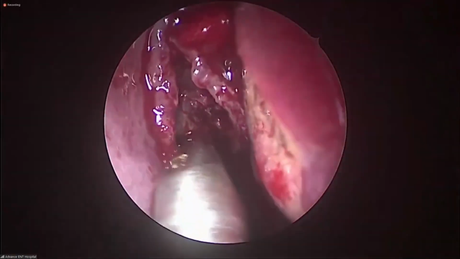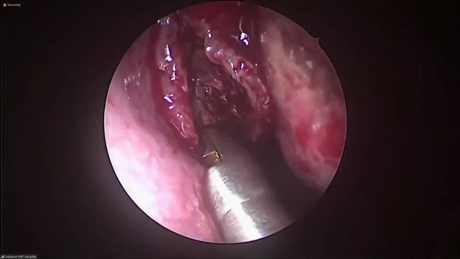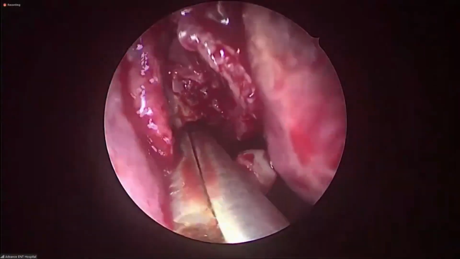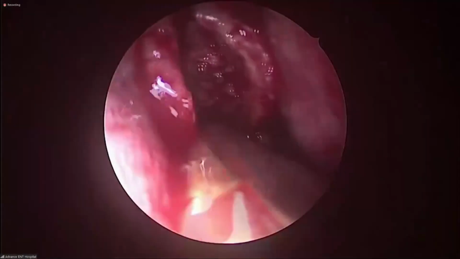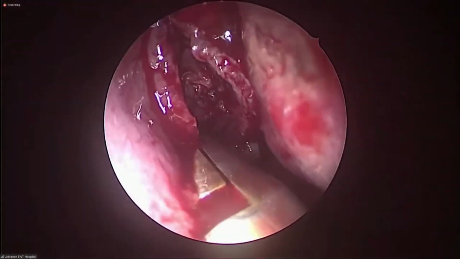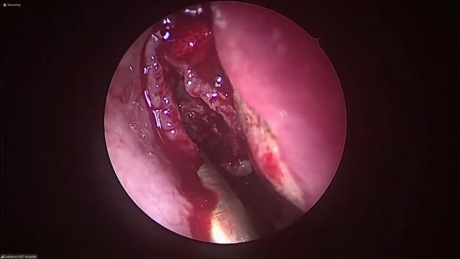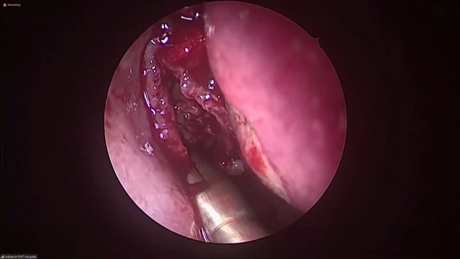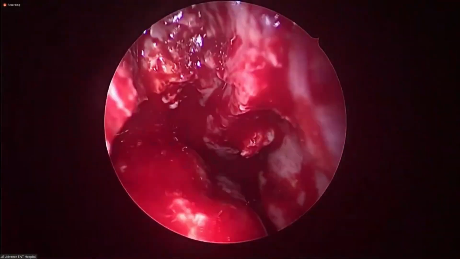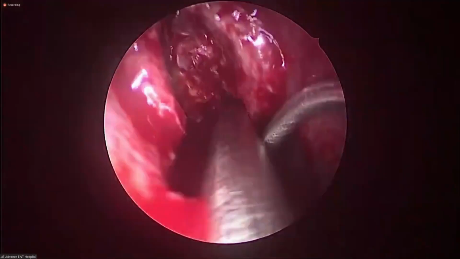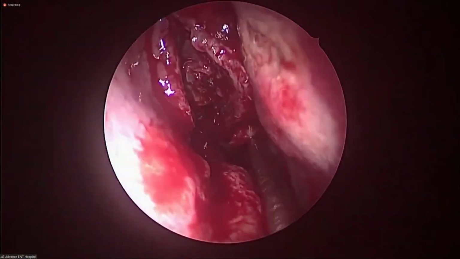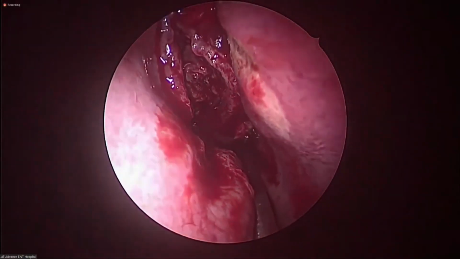See, that's the uncinate everted. Not much disease in the maxillary antrum, sir. Yeah, not much. Challenging situation, boss.